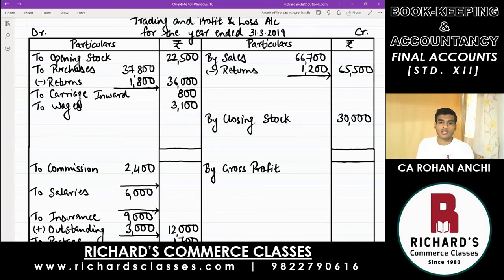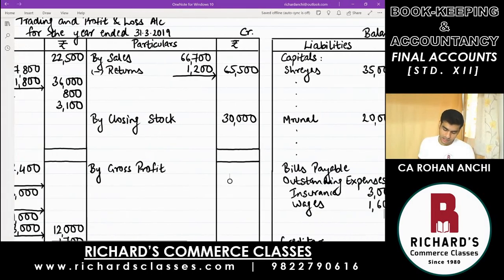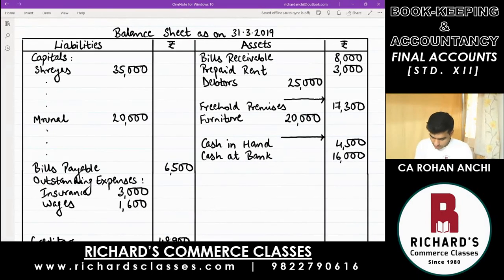And closing stock, this year whatever stock you have already produced and kept could not be sold, will be sold next year. You will receive money next year. So whatever money is going to be received next year is your asset. So closing stock, second effect will be on the asset side. Write down closing stock, amount is 30,000.